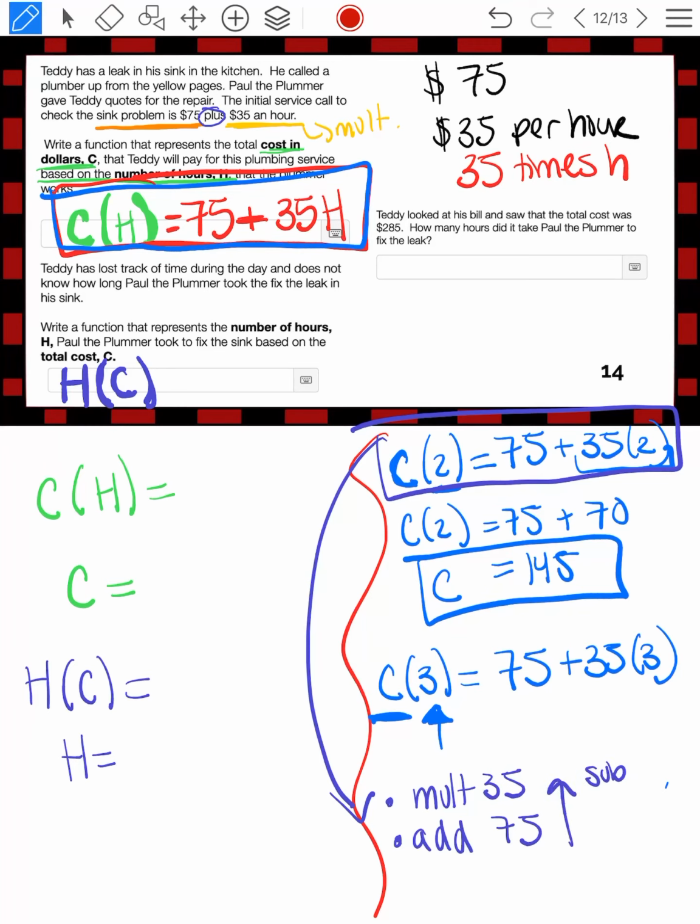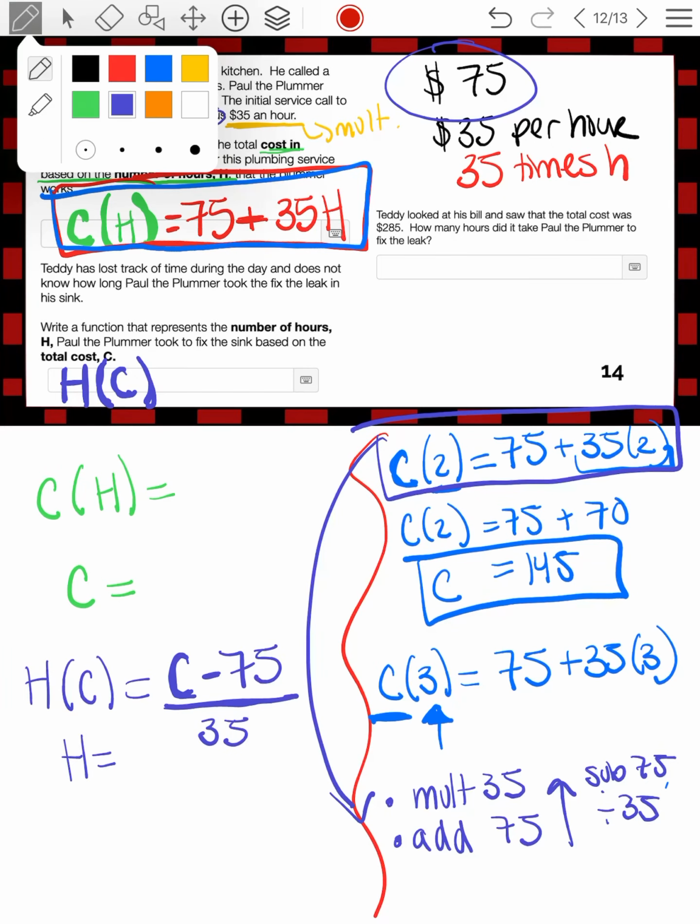So when we go to do the inverse, we're going to subtract 75 and then divide by 35. So this time we're going to start with the cost, and if we take the cost and subtract the $75, well, we're subtracting out that initial fee, and then we can divide by 35 to figure out how many hours the plumber was there.